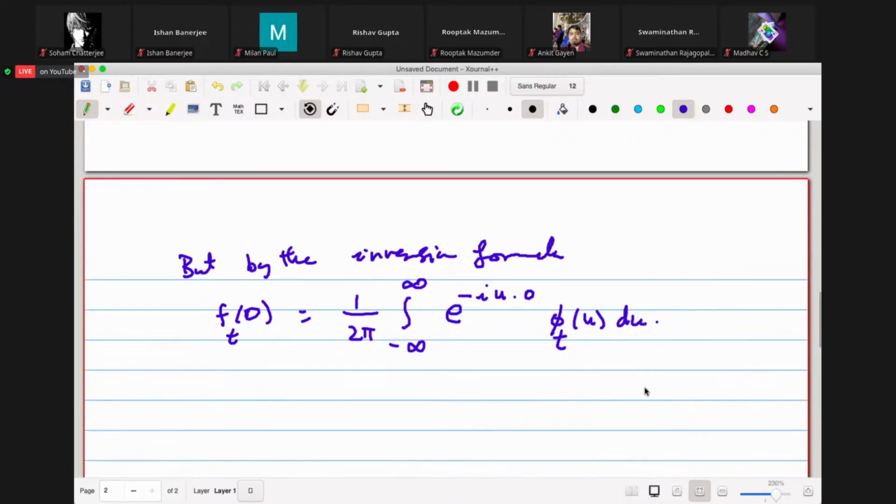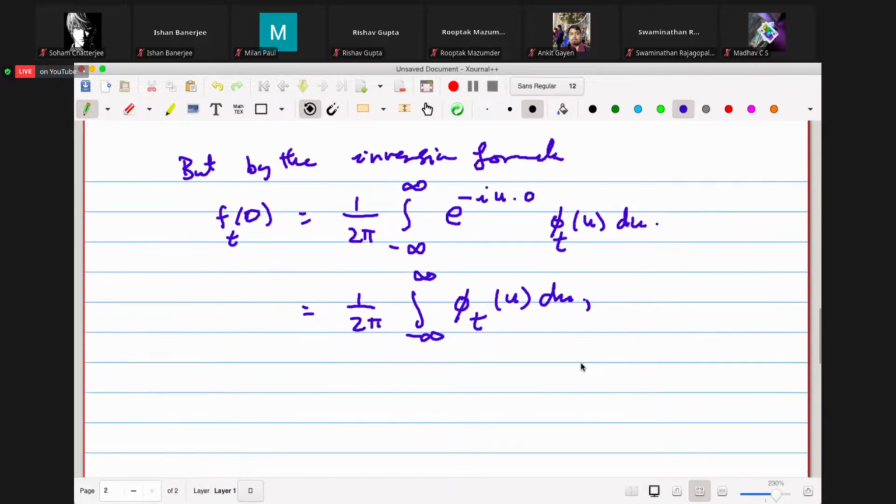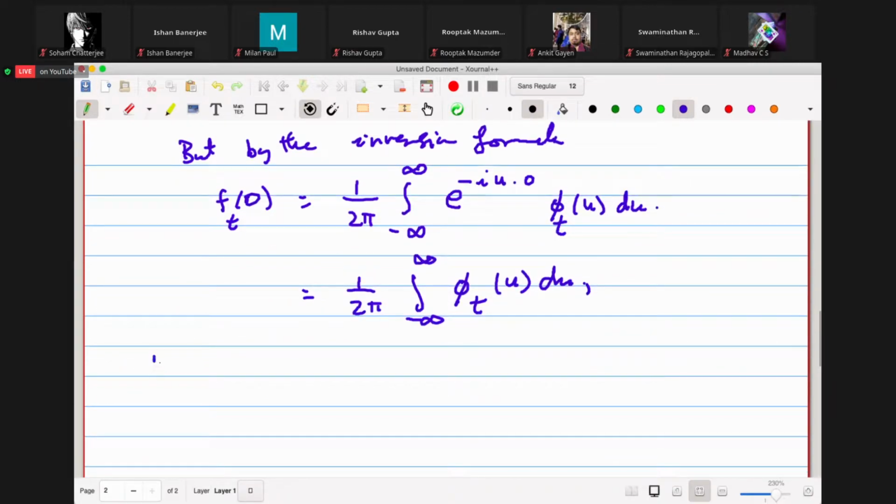Okay. So this is equal to 1 by 2 pi integral minus infinity to infinity phi t of u du, where now you can compute what phi is, where, of course, I already wrote that phi t of u is equal to phi xt of u.